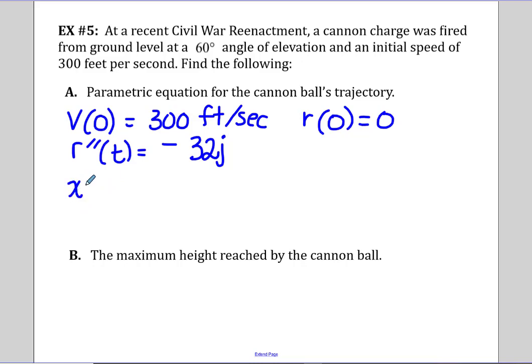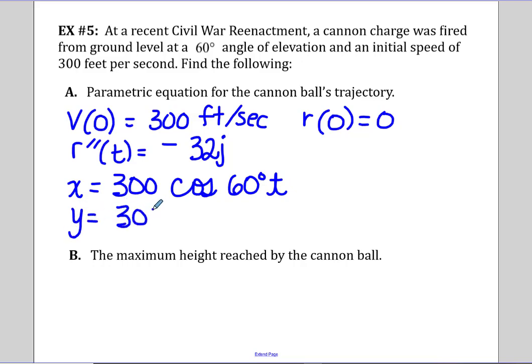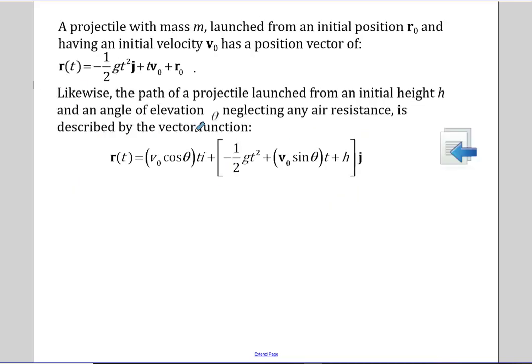We also know that x is 300 cosine 60 t, and we know that y is 300 sine of 60 degrees t minus 16t squared, and we got those off of our formula right here.